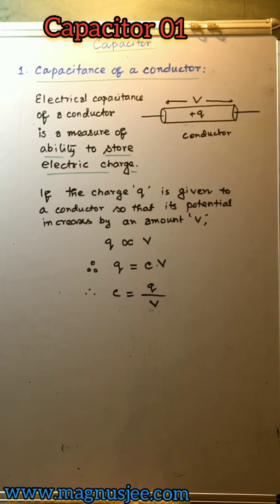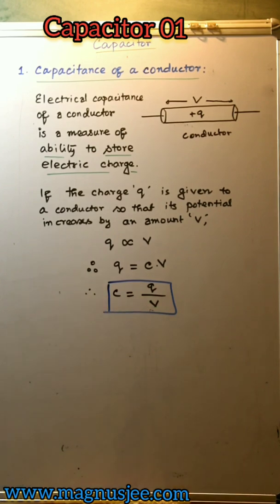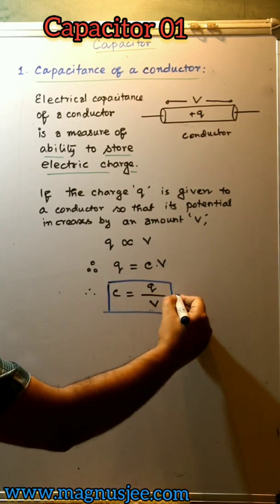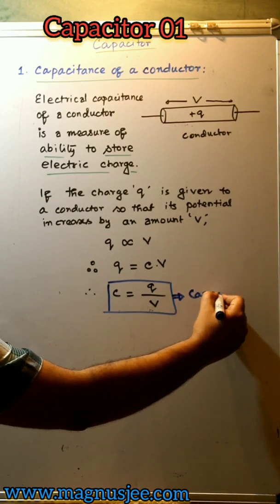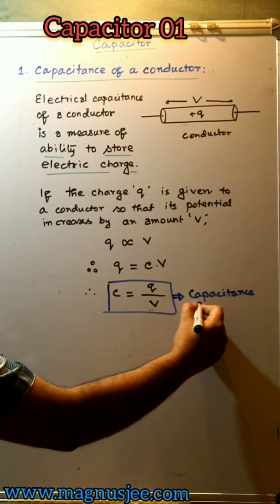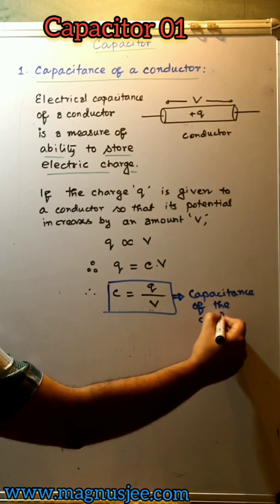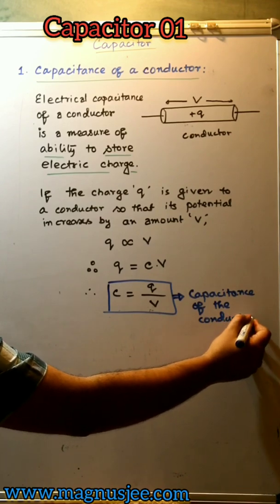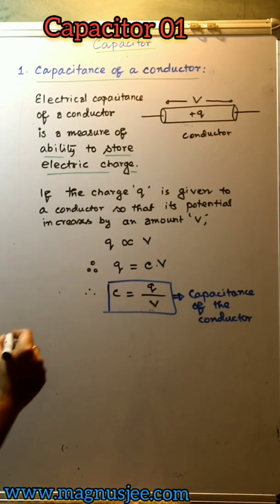This is the electrical capacitance of the conductor, its capacity to store charge. Q is the charge and V is the potential difference.